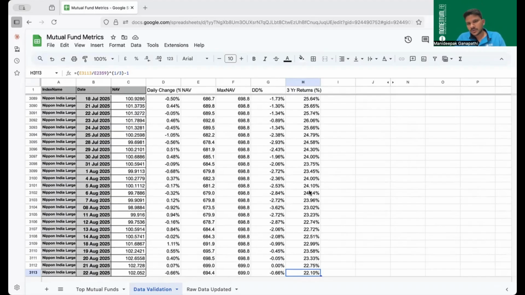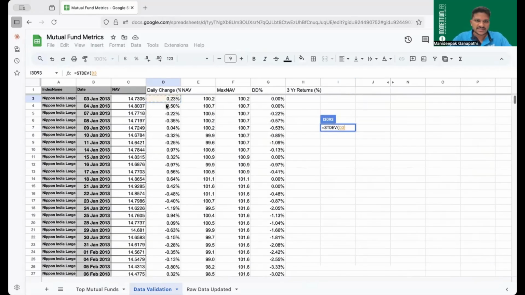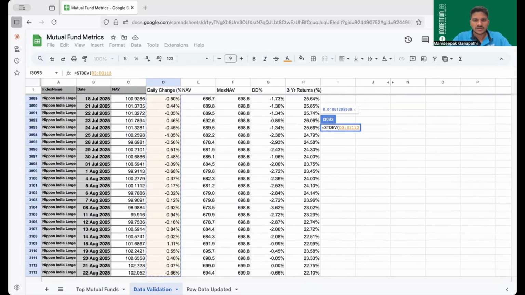Then the other metric that we look at is annual volatility. This is essentially the standard deviation in the daily change. You can simply use a standard deviation formula to understand how this fund is fluctuating on a daily basis.